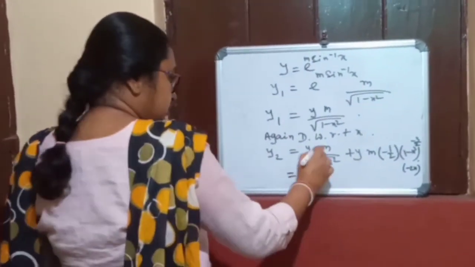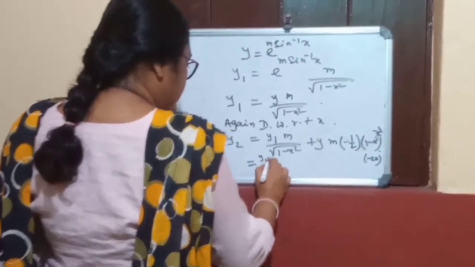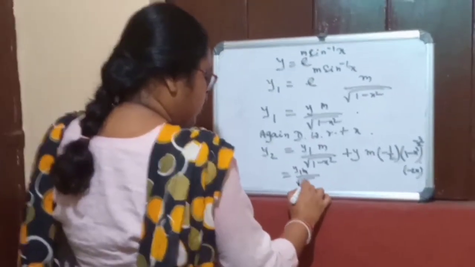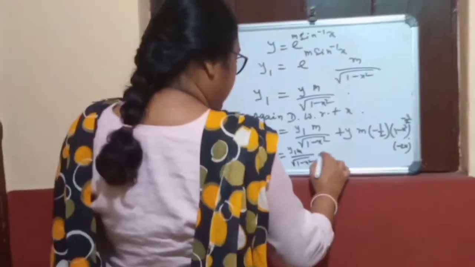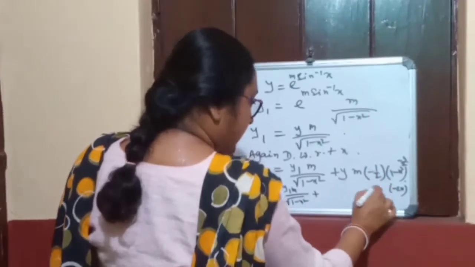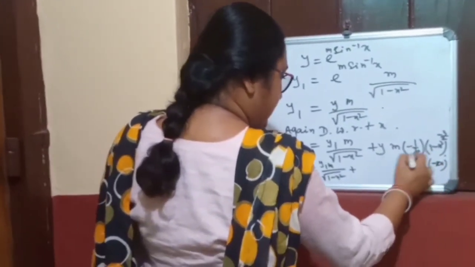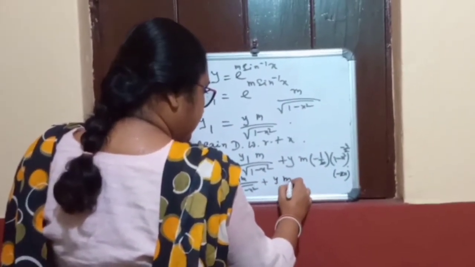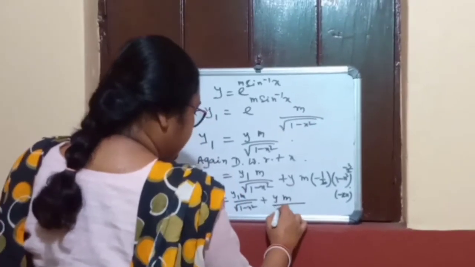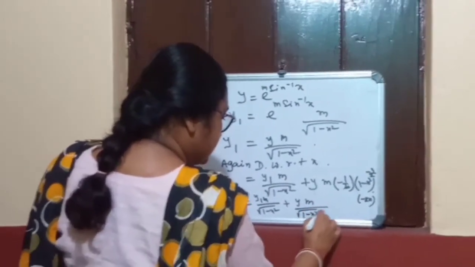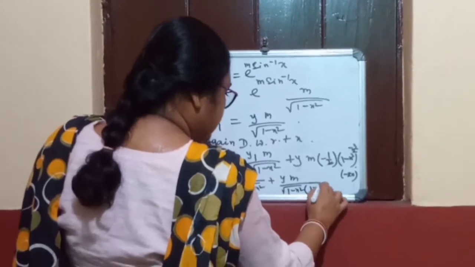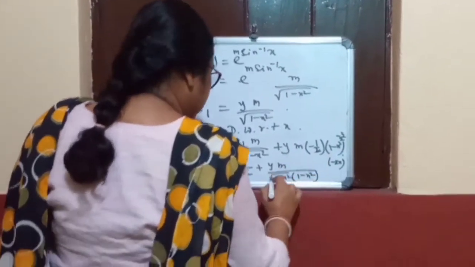Now this is equal to y1 m into root over 1 minus x square plus y into m, the 2 and 2 cancel, divided by root over 1 minus x square into 1 minus x square, because of the power 3 by 2.